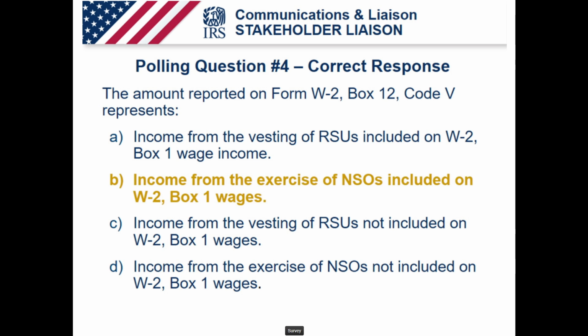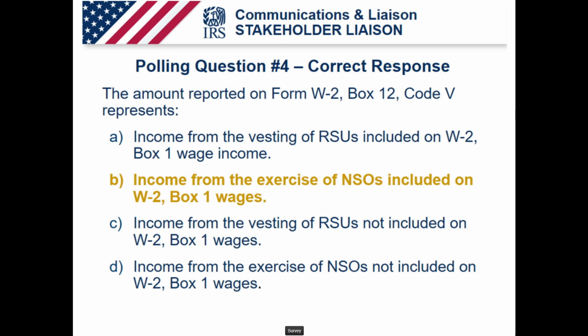Sure, I will try. If we remember back a couple slides, the slide was titled W-2 Information Reporting on Restricted Stock Units and Non-Qualified Stock Options. For non-qualified stock options, employers generally will file a Form W-2 for the non-resident alien in the year the non-qualified stock option is exercised to report the taxable portion of the spread, which they include on the Form W-2 in the wage income box, as well as box 1, as well as box 3 and 5.